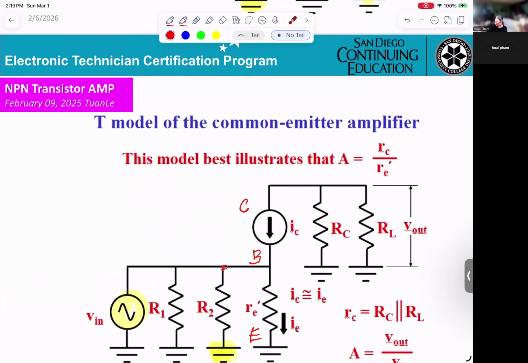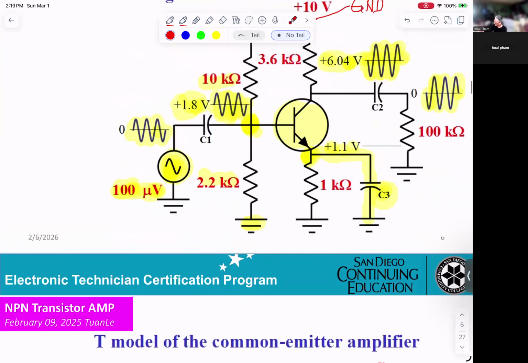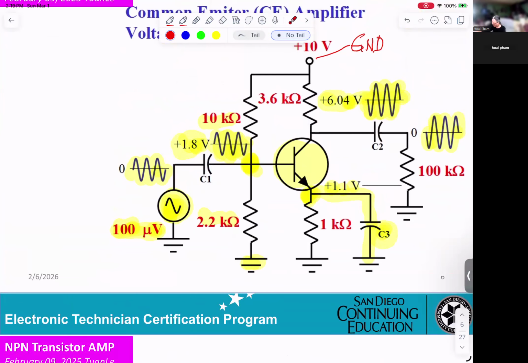At the output here, okay, you get RC. This RC connects one side to the collector and the other side to 10 volt, which will now be ground.